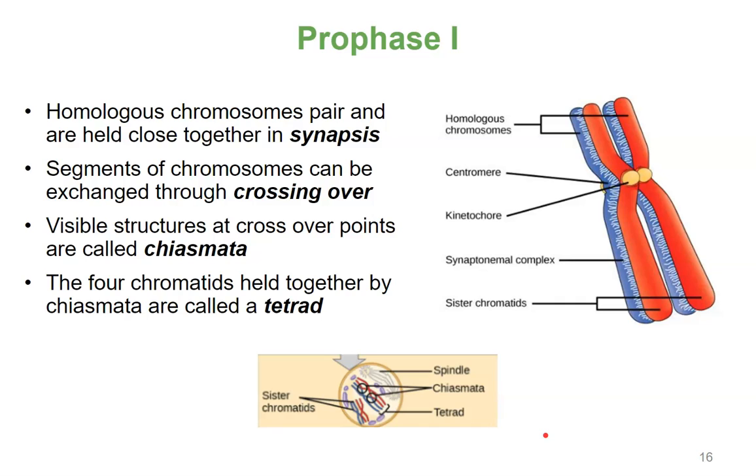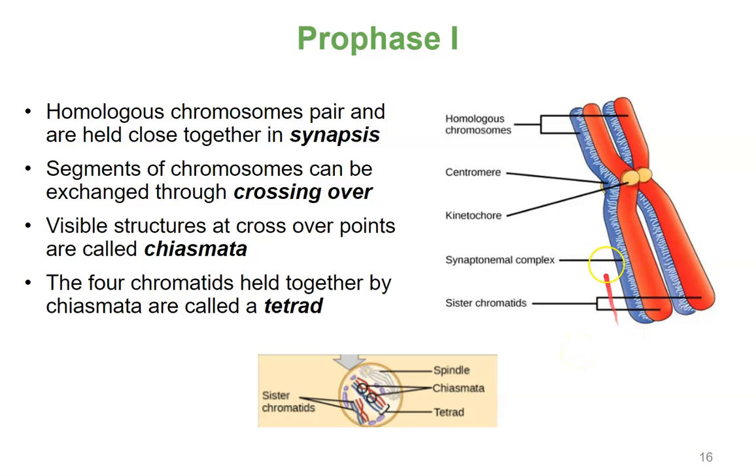So prophase 1, we're going to start it out. We have our homologous chromosomes. So if this is chromosome 1, here's our 2 copies of chromosome 1, they're going to attach to each other. Normally this would not occur in mitosis, but this is very unique to meiosis.